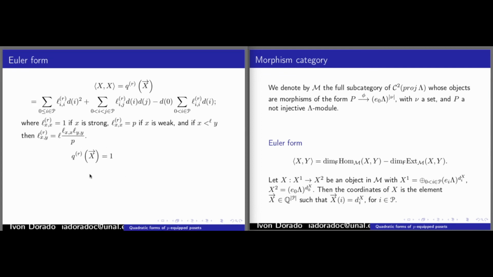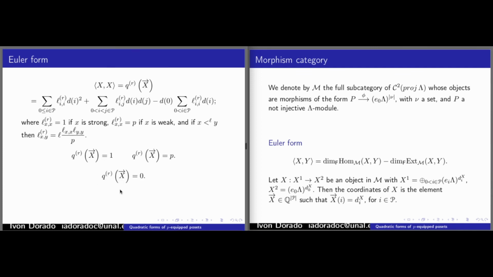So then the quadratic form will be equal to 1 when the endomorphism ring is isomorphic to the field F. And if the endomorphism ring is isomorphic to the field G, then the quadratic form is equal to p. And in both cases, we will have one representation up to isomorphism with the same coordinate vector.